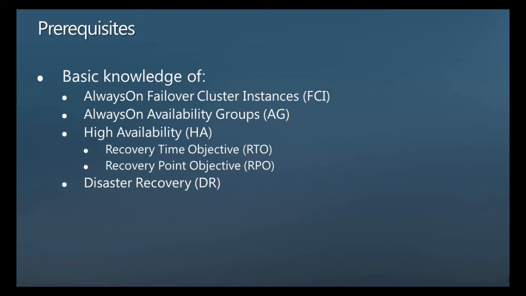And also some terminologies like high availability, disaster recovery, and RTO, RPO. RTO is the recovery time objective, which means how soon you want to get your service back online should a disaster happen. RPO, recovery point objective, which means how much data loss you can afford during a disaster.